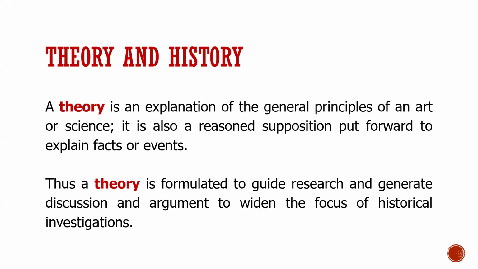So, what is a theory? A theory is an explanation of the general principles of an art or science. It is also a supposition or proposition put forward to explain facts or events.